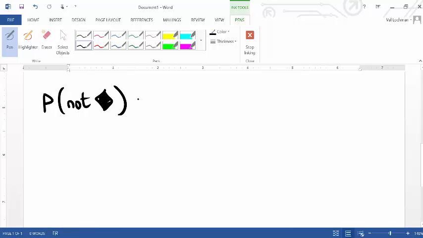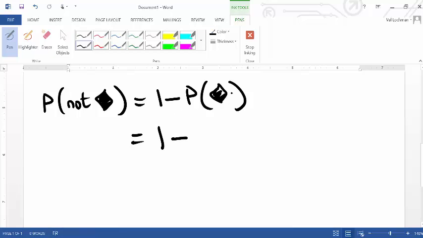I'm going to say that it's 1 minus the probability of getting a diamond. The probability of getting a diamond is 13 out of 52, right? So if you do 1 minus 13 out of 52, what do we get? We get 3/4.